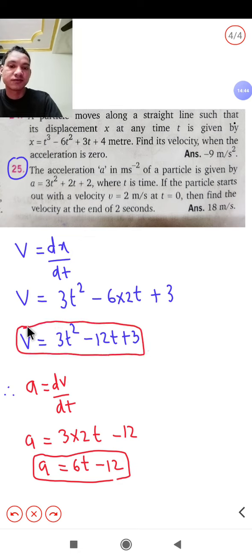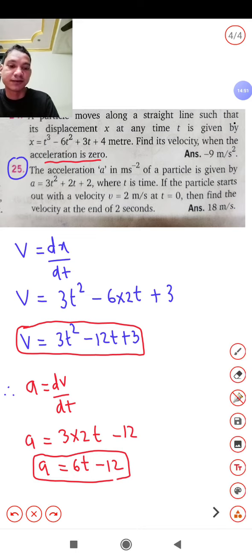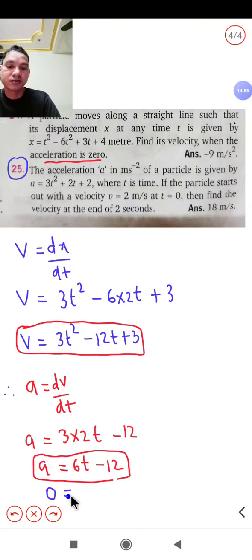Now, further it is mentioned, find velocity when acceleration is 0. So if we put acceleration as 0, we will get the value of time from there. Let me put 0 here. 6t minus 12 equals 0. If you solve it, bring 12 on this side, the value of t will be 2 seconds. Now I need to put this value here.